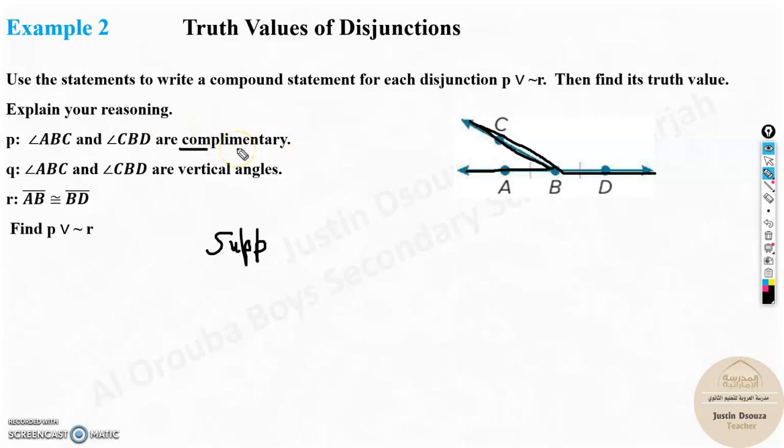Compliments are given to you when you do something good or right. So what is a right angle? A right angle is always 90 degrees. So whenever I see compliment, I remember something is right, and a right angle is 90 degrees. The sum of two angles must be 90 degrees if they are complementary.